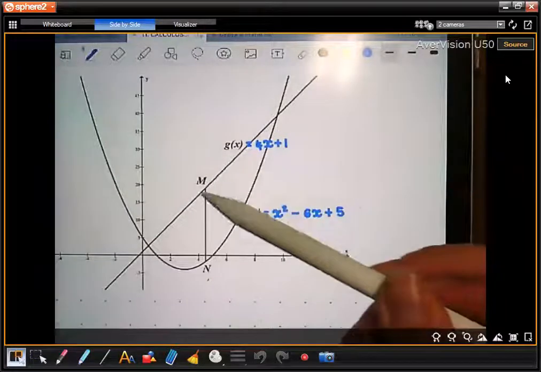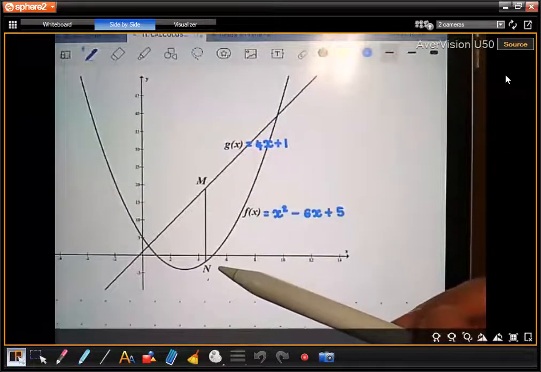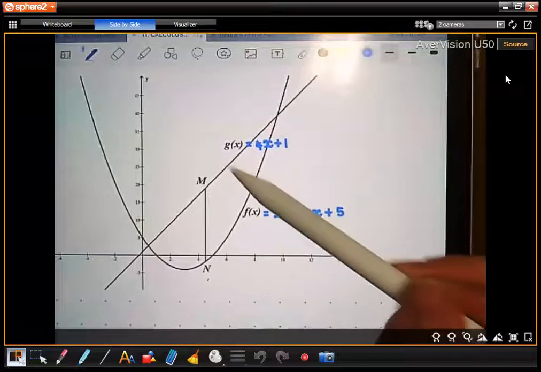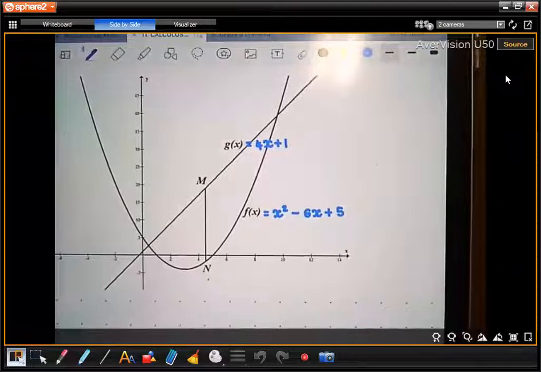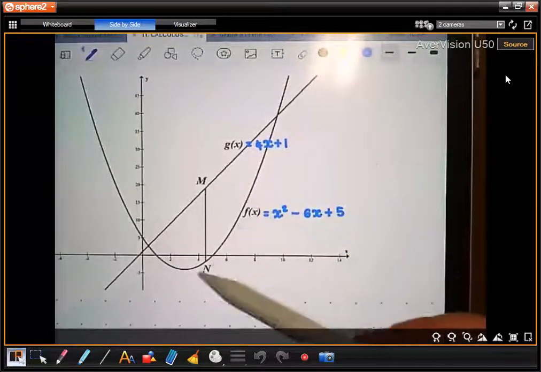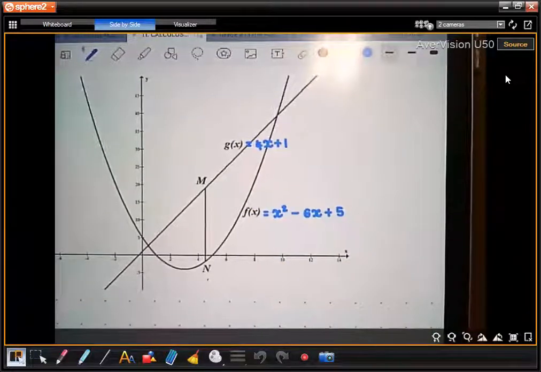So we could just take the y value of M, the higher point, minus the y value of N, and that will give us the length of MN. All right, and we did these calculations at the end of grade 10, I think was the first time we did it. All right, so the length of MN is actually going to be the y value of M minus the y value of N.